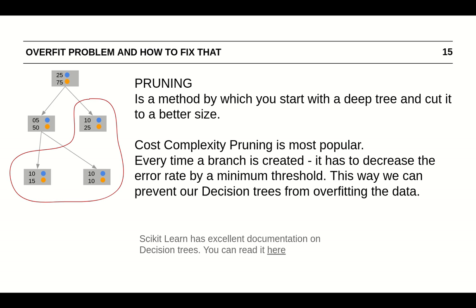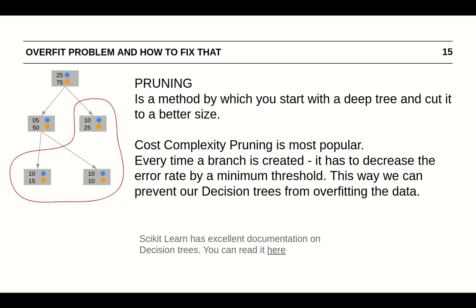Think of cost complexity as every time a branch is created, it is a measure of the increase in the purity or the decrease in the error rate. So if the decrease in error rate or the misclassification after each branch does not exceed a threshold, then the branch is no longer pursued.